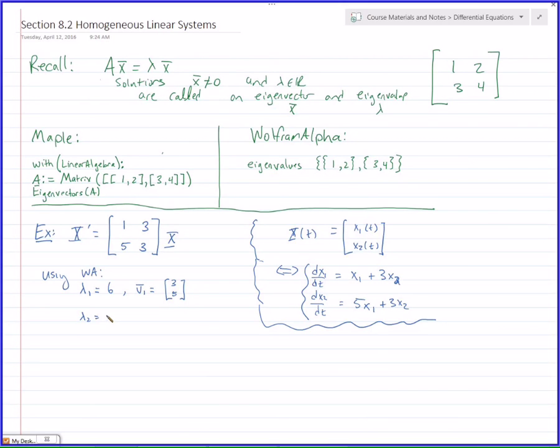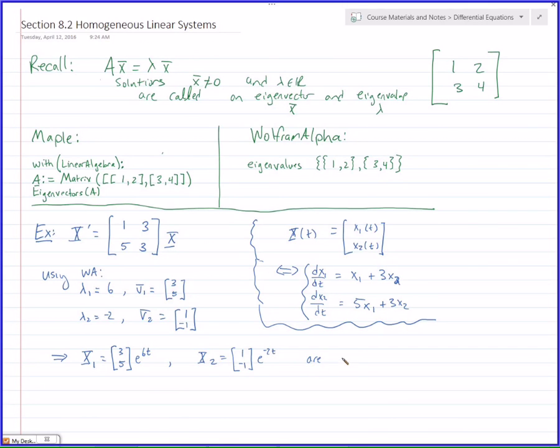And lambda 2 is -2, and v2 is (1, -1), which means I can immediately write down the linearly independent solutions to this system, right? x1, the first solution, is (3, 5) e to the 6t. And x2 would be (1, -1) e to the -2t.